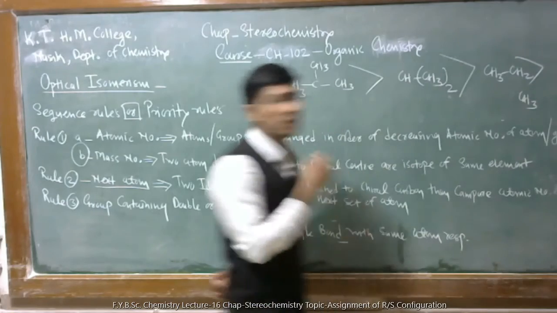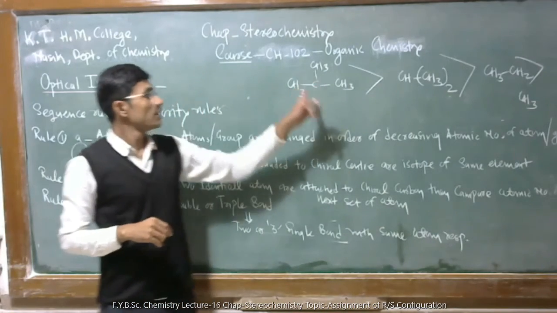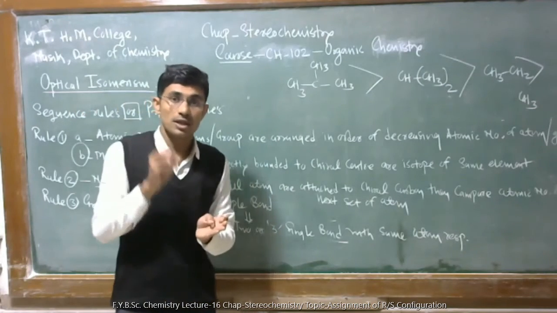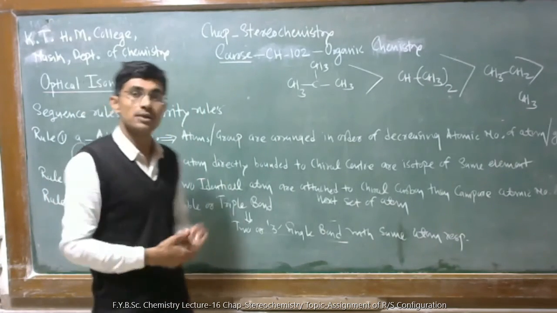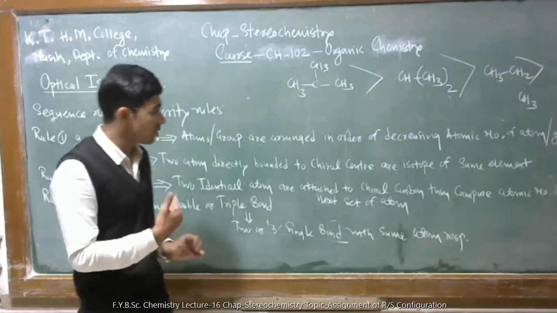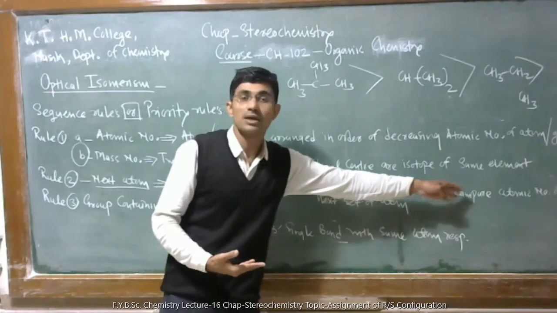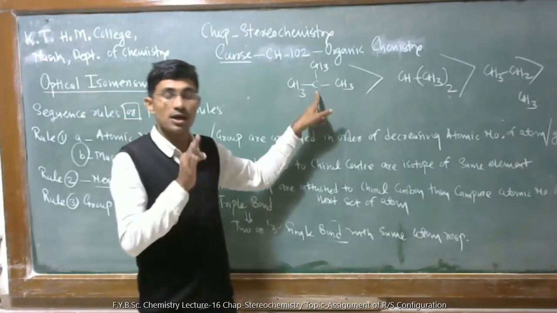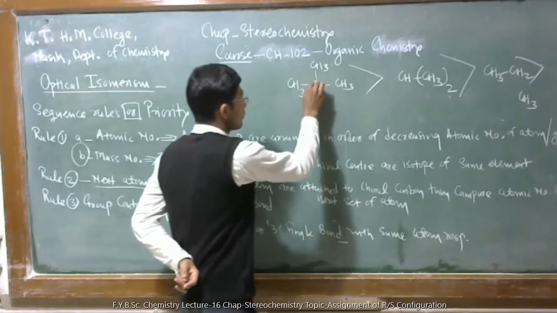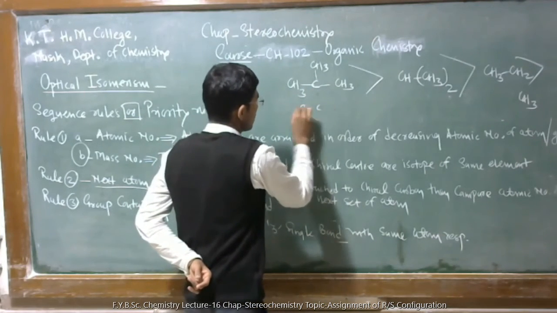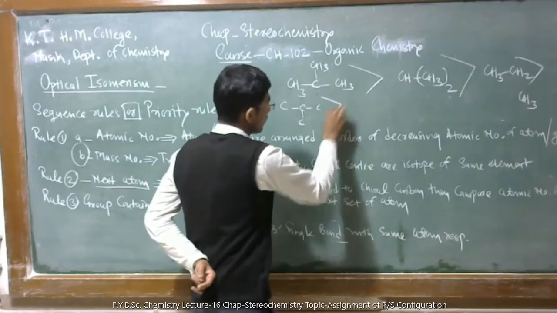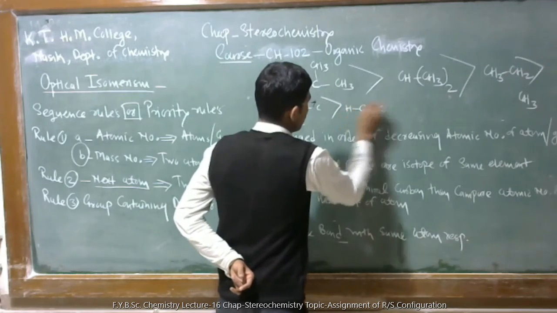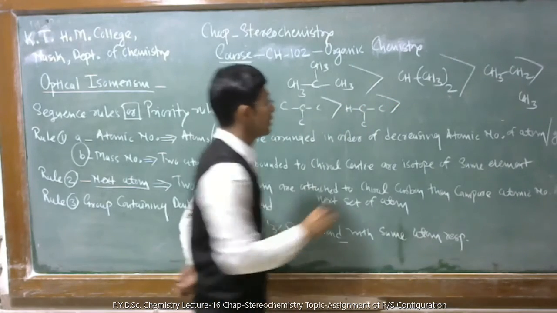This is the priority sequence we can assign when the chiral carbon is attached to the same atom; then I consider the next set of atoms, meaning their atomic number. Obviously, the tertiary group gets the highest priority because this carbon is attached to three further carbons. This one is attached to 2 carbons and 1 hydrogen, so it gets the second priority.